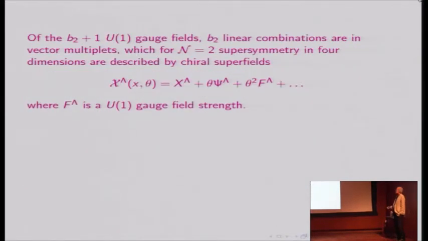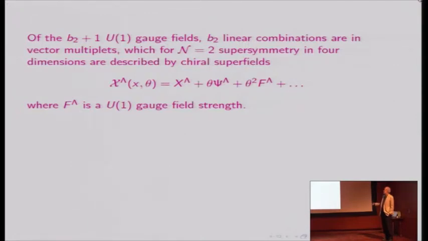Now, of the B2 plus 1 U1 gauge fields, B2 linear combinations are in vector multiplets. But there's something different in N equals 2 compared to N equals 1. So what I call a chiral superfield actually describes a vector multiplet. And that's because if we did N equals 1, we would make the theta expansion. It would stop after 2 terms. And the top term would be a scalar, a spin 0 field that's an auxiliary field.